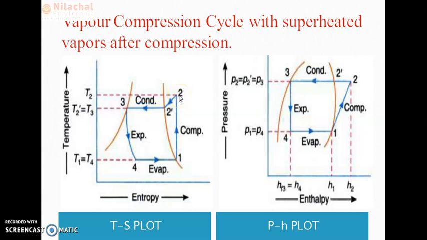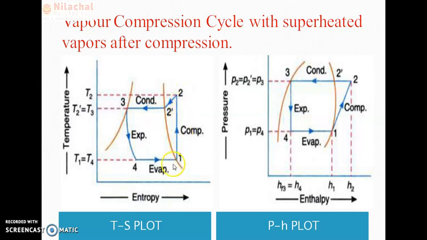Here, what is the coefficient of performance? As I said earlier, the coefficient of performance is equal to the refrigerating effect divided by the work done. Here 4 to 1 is the refrigerating effect and 1 to 2 is the work done.